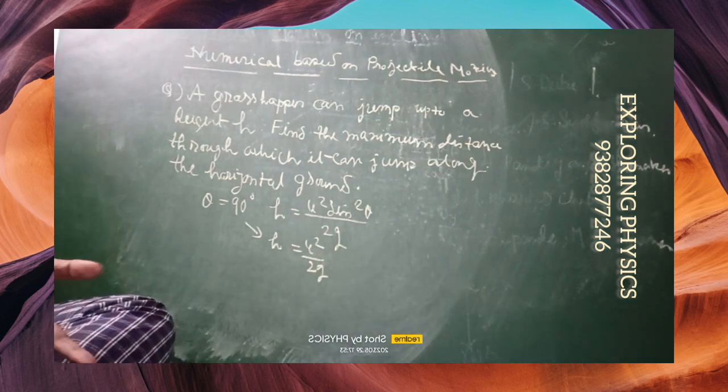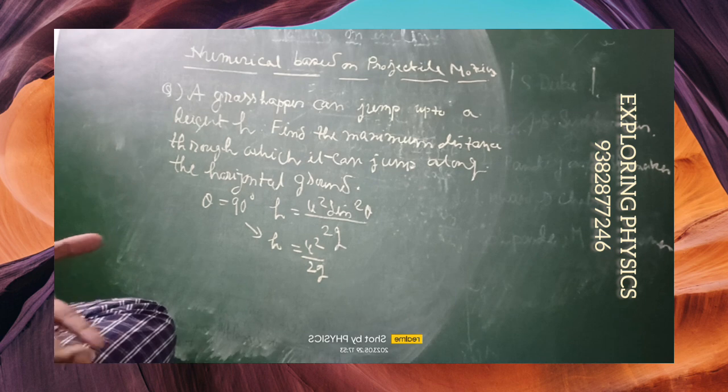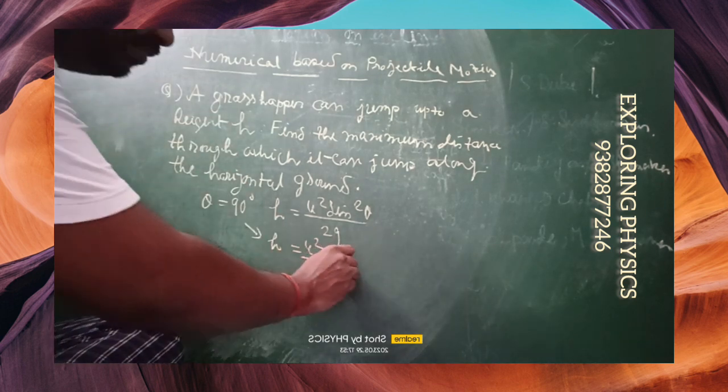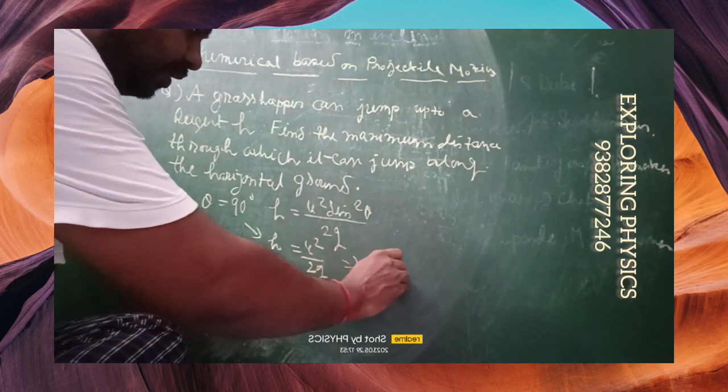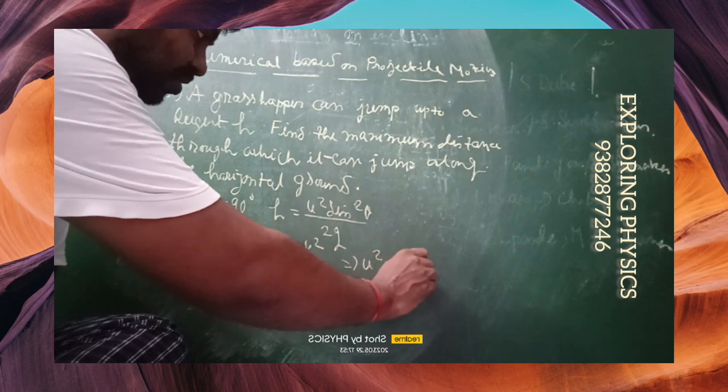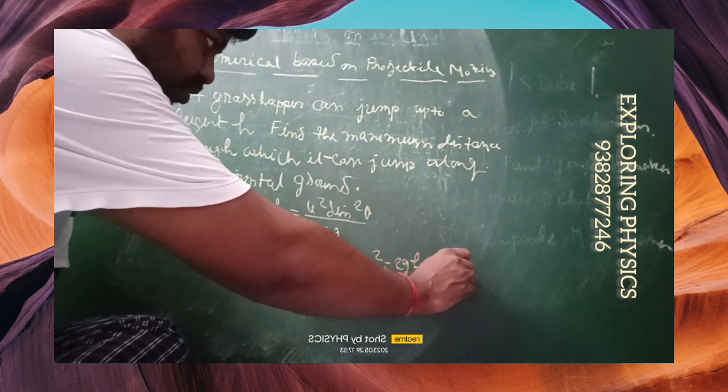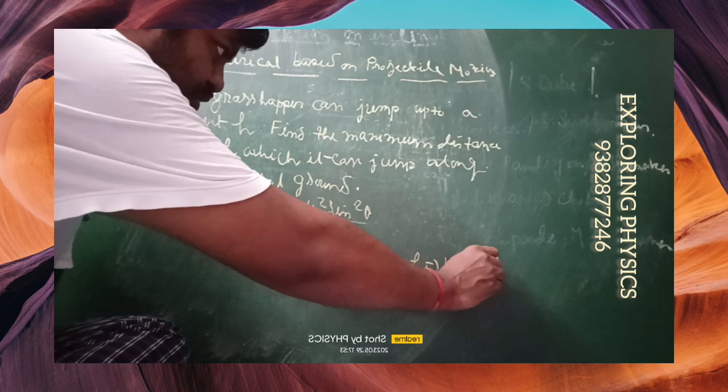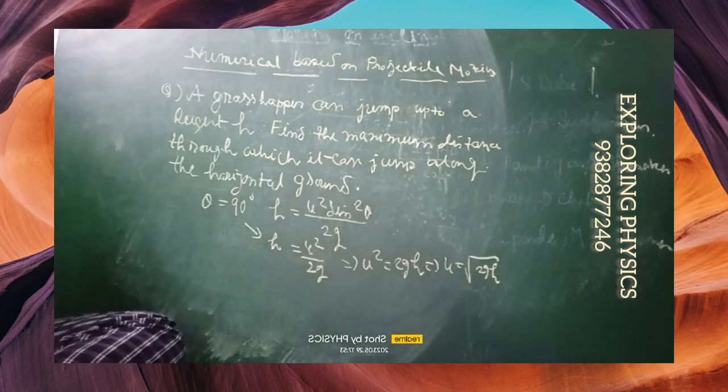That is the maximum height the grasshopper can jump. From that we have u square equals 2gh and u equals under root 2gh.